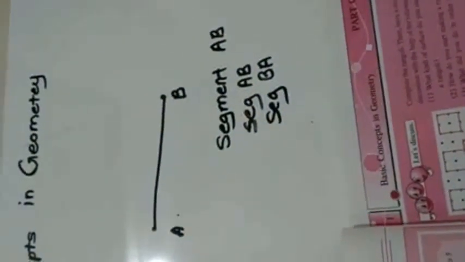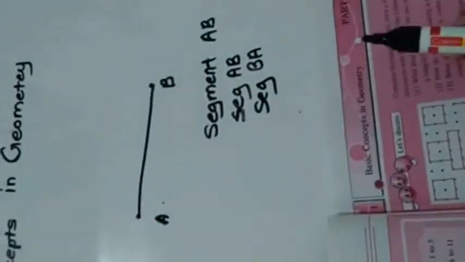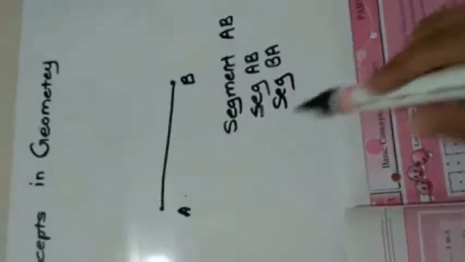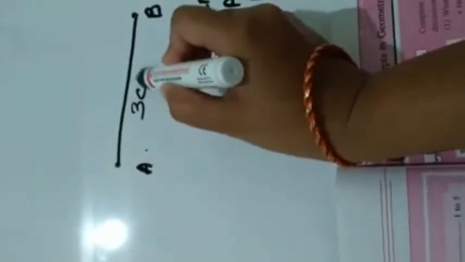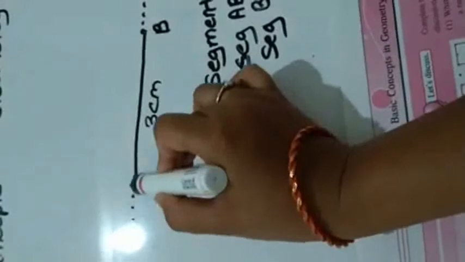The property of a segment is that it contains 2 points. That means it's limited to some length. It's restricted to some length. Suppose I have drawn this one of 3 cm. Now if I draw a dotted line on both sides of it, then it indicates that the line can be extended.